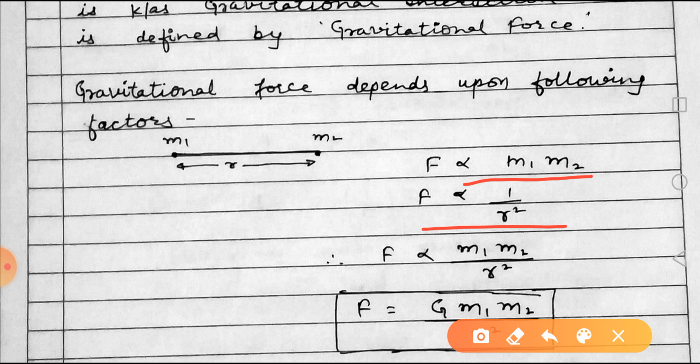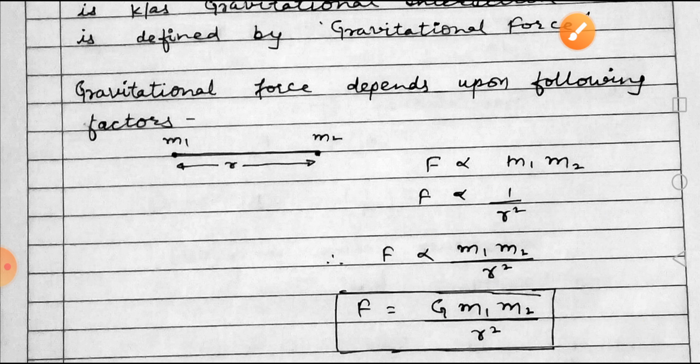Combining both, we can write F is proportional to m1 m2 upon r square. If we remove the proportionality sign, we take a constant factor G, which is called the gravitational constant.